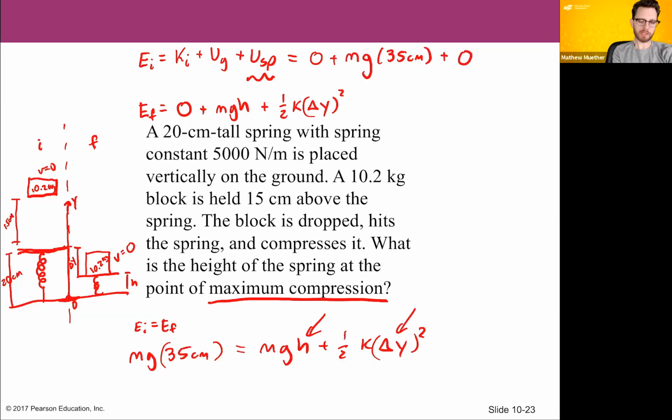What additional information can I use? I'm trying to find h, but I need to know delta y. Is there another relationship that I see here? Another equation I can write down? Is there a relationship that you can see between delta y, the compression of the spring, and the height h that the block is?